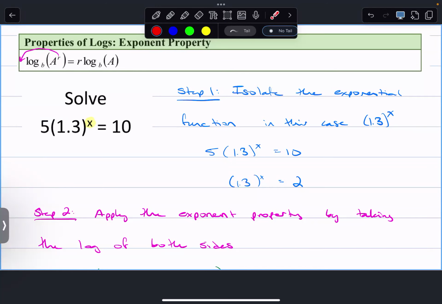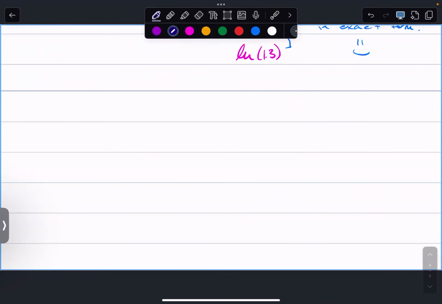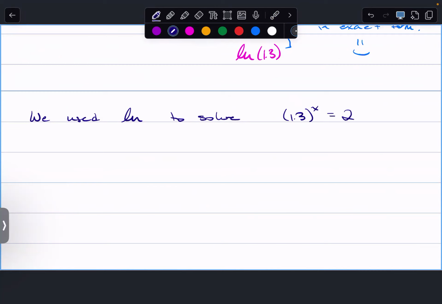So from here, we used the natural log to solve 1.3 to the power of x is equal to 2. But this is a base of 1.3.